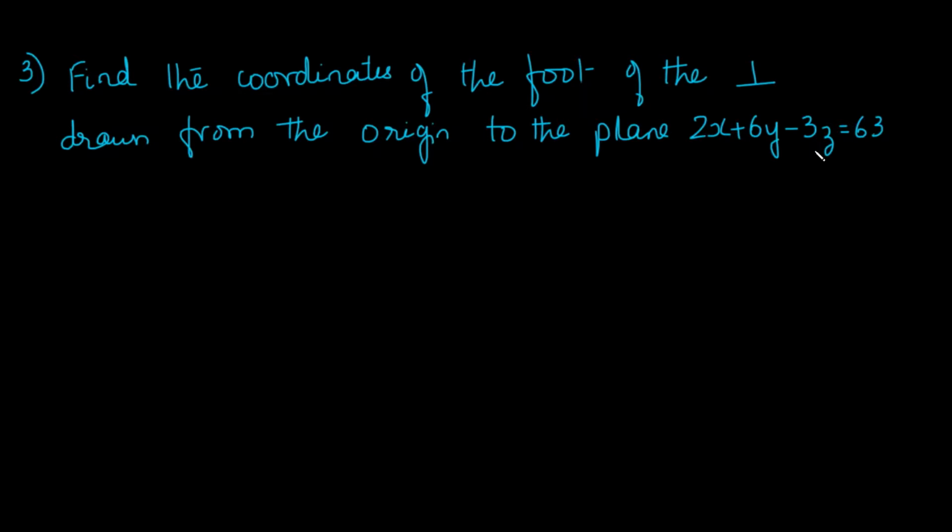This is the general equation of the plane. So we have to convert it into the normal form of the Cartesian equation of the plane, and then we can find the coordinates of the foot of the perpendicular drawn from the origin to the plane.